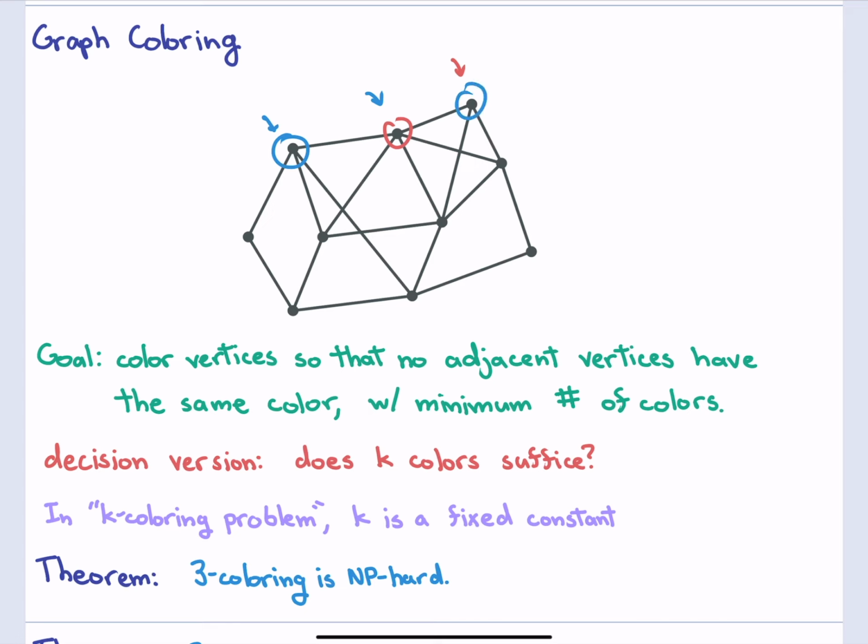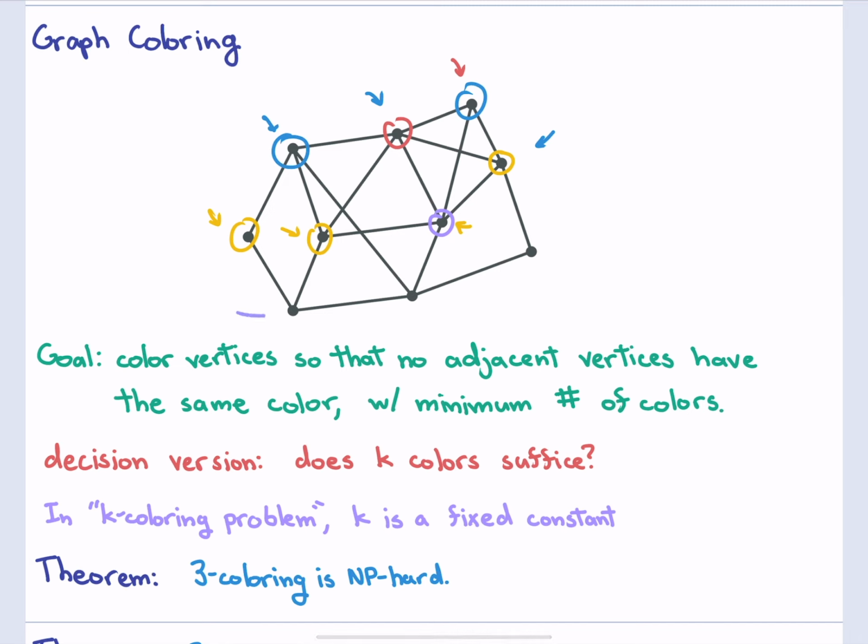Okay. How about here? Okay. How about here on the left? Okay. How about here? Okay. How about here? We need 4.